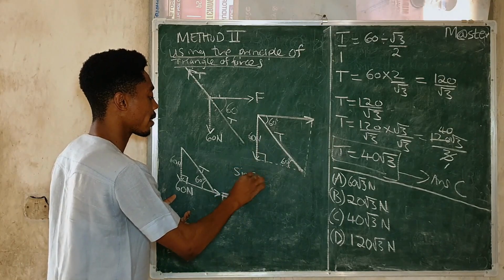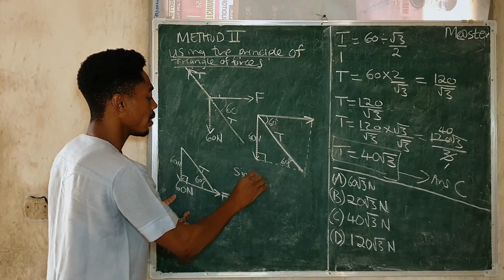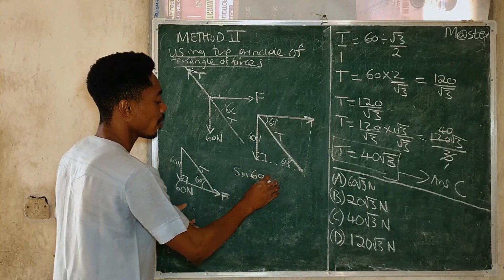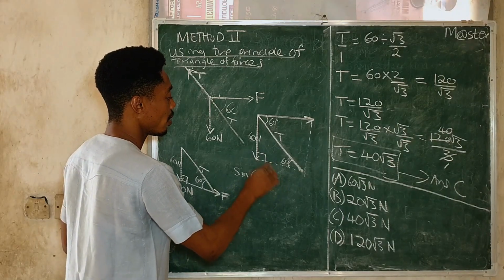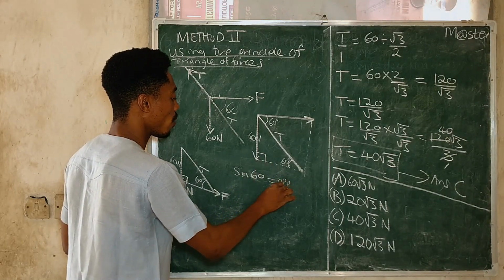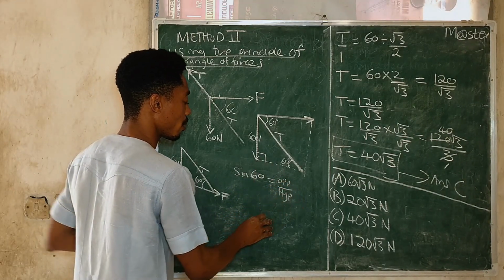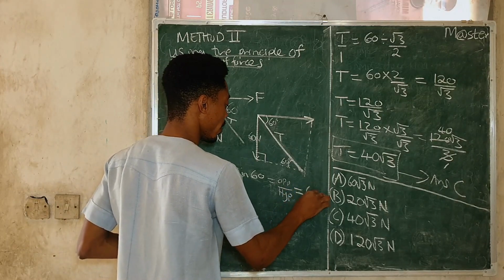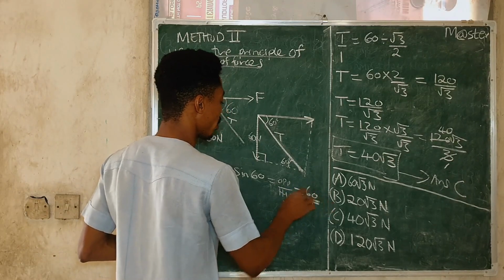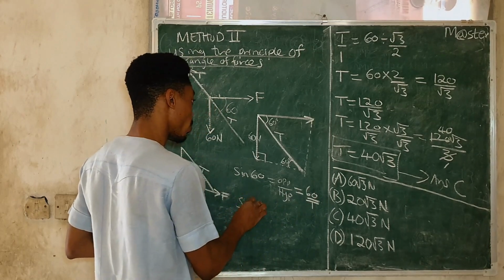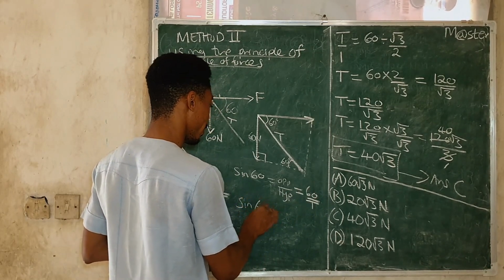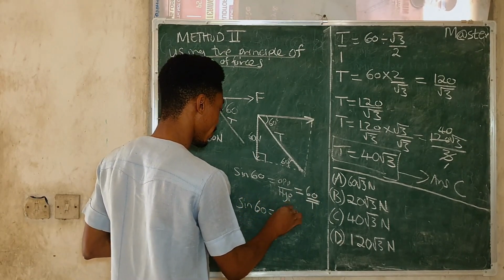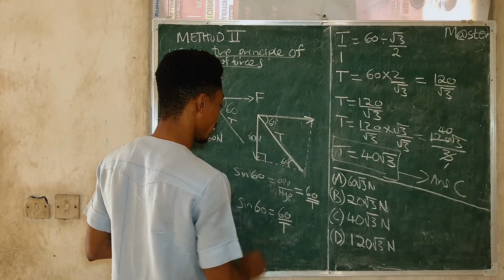So we'll say that sine 60 would give me opposite over hypotenuse. What is my opposite? My opposite is 60. What's my hypotenuse? Tension.